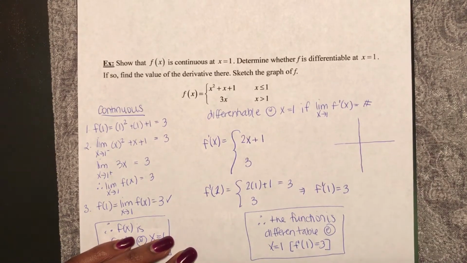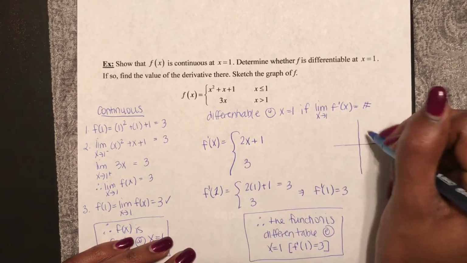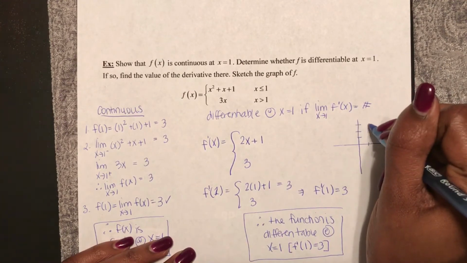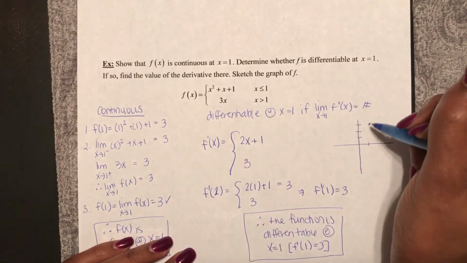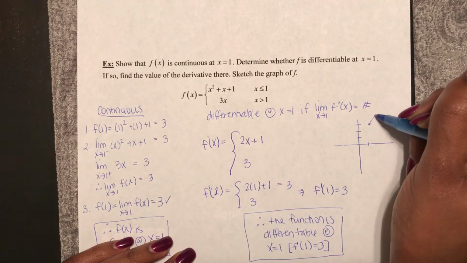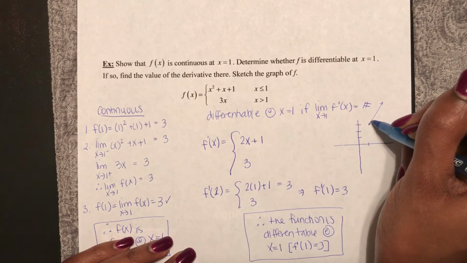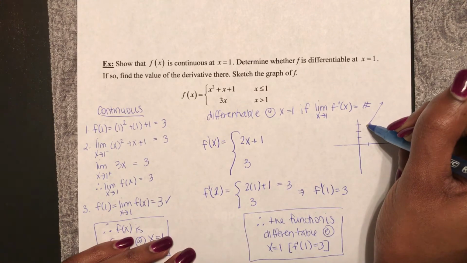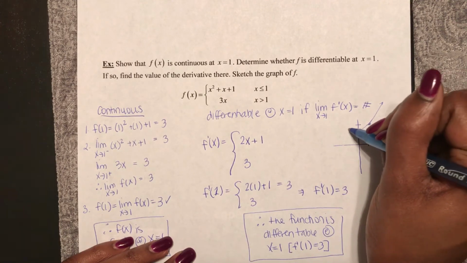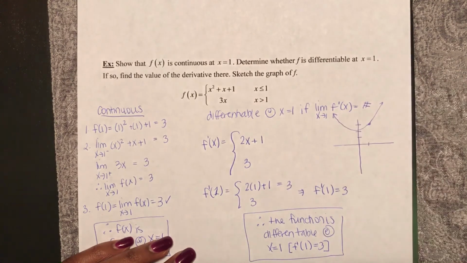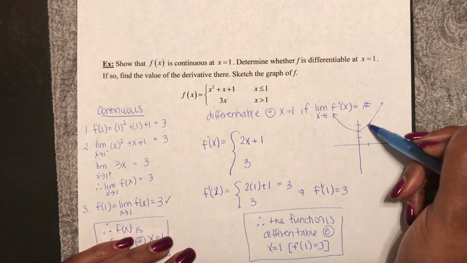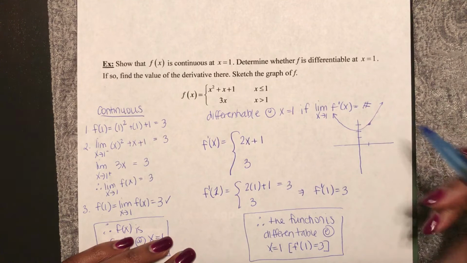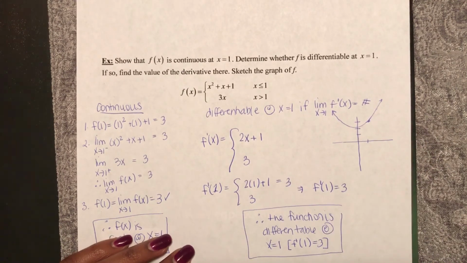So we know at 1, they're both going through 3. And then we can see the slope of this line is going to be up 3 over 1. So it needs to gradually push through this quadratic, showing that the slope from this side and the slope from this side are approaching the same slope of 3.